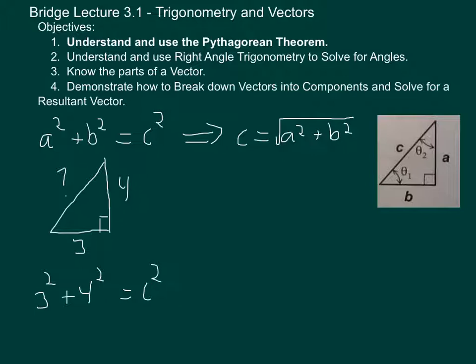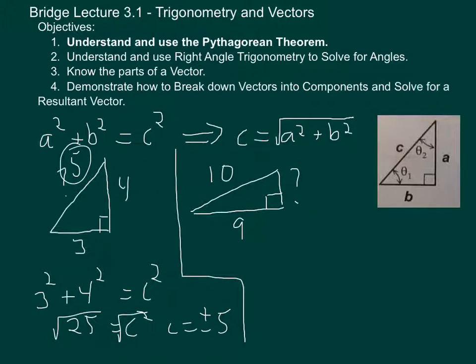So 9 plus 16 is 25. 25 equals c squared. Take the square root of both sides. C equals plus or minus 5. However, since we're doing this in engineering, the negative 5 means nothing here. So the side of this hypotenuse is 5.